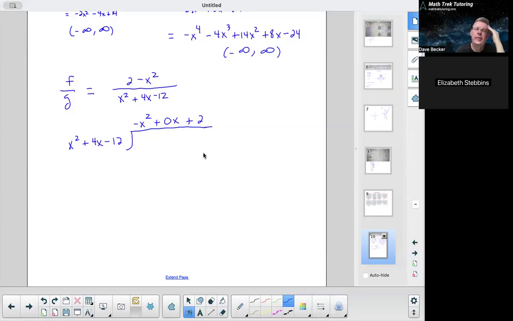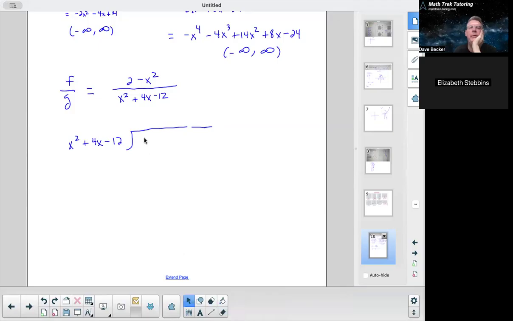So then, that goes underneath, not up here. Up here is the quotient. So negative x squared plus 0x plus 2.